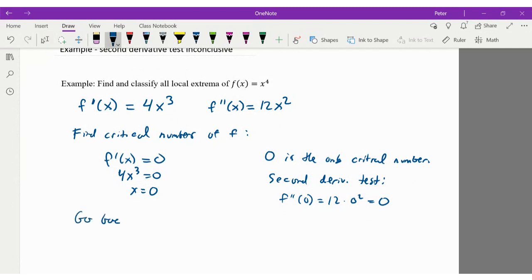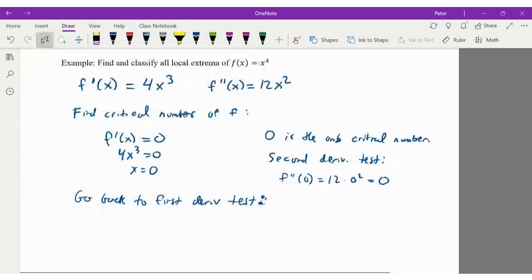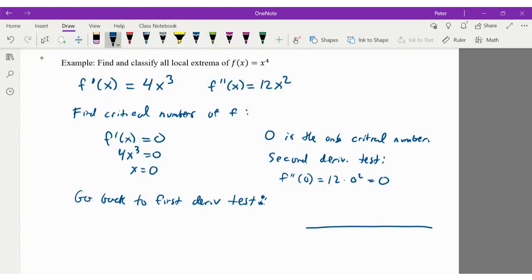Let's go back to the first derivative test. Here's our critical number 0. What we want to do is pick values to the right and left.